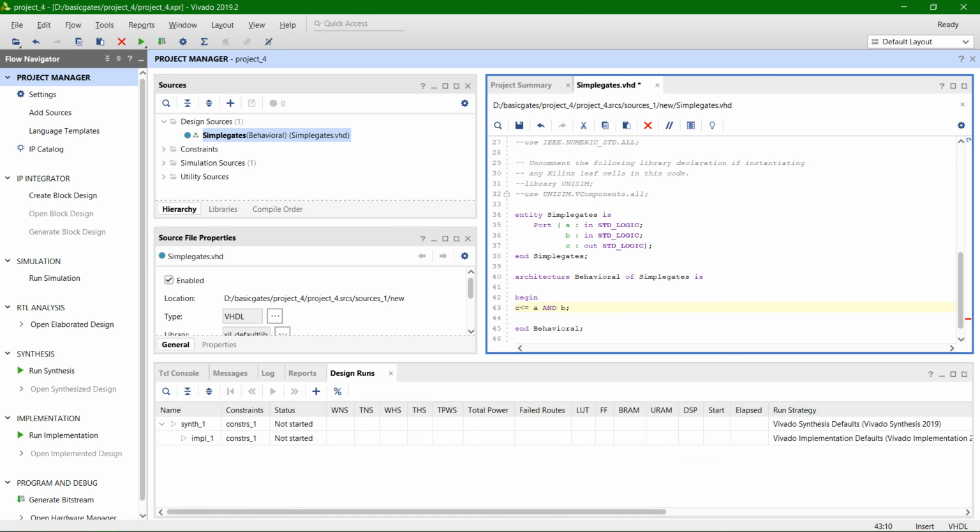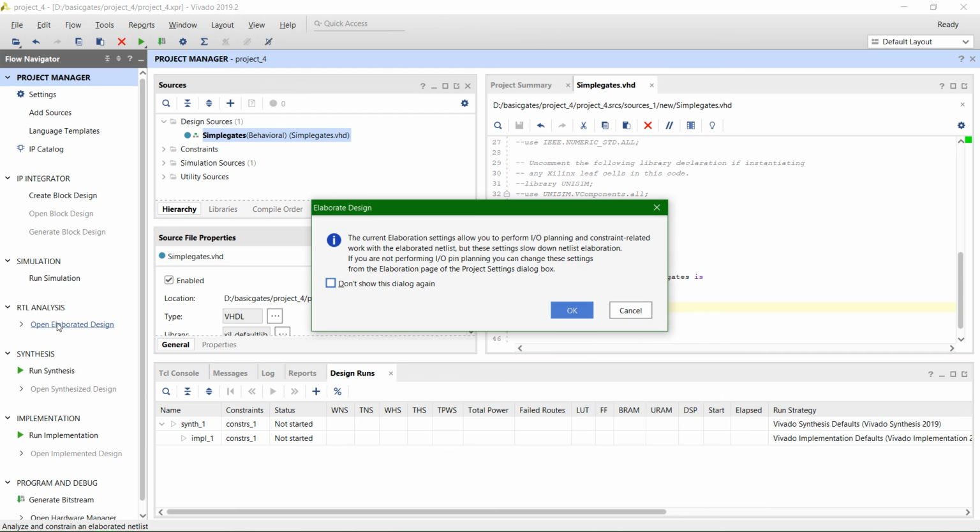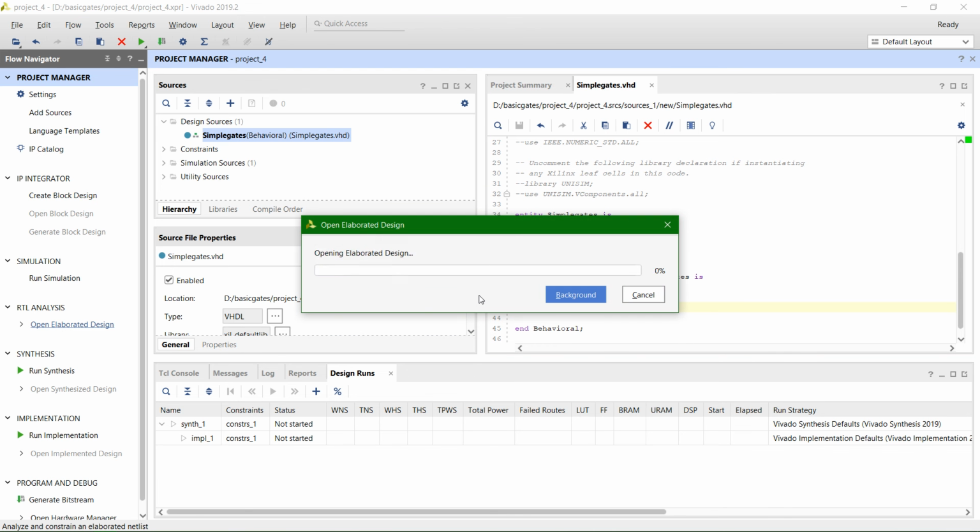Okay, and I have saved this. It will take some time. After saving that, if I make the design for this, just check what output is coming.